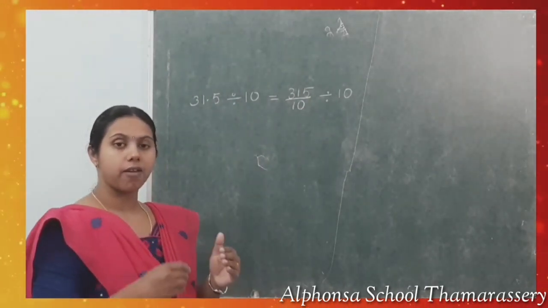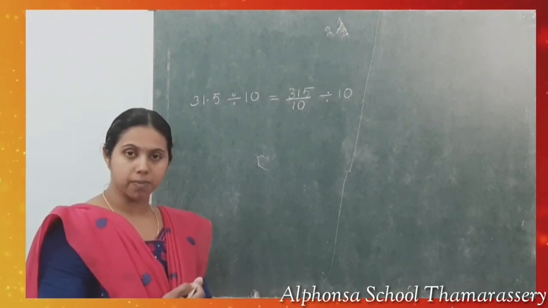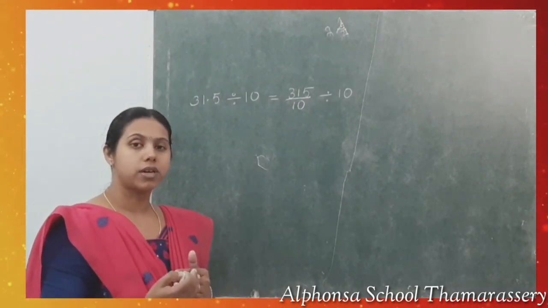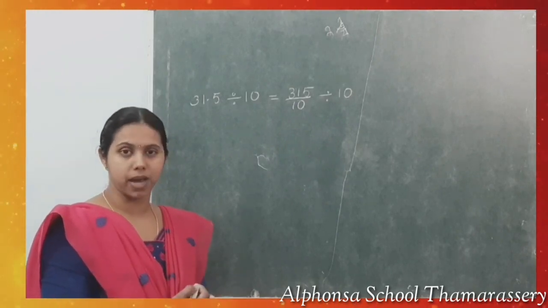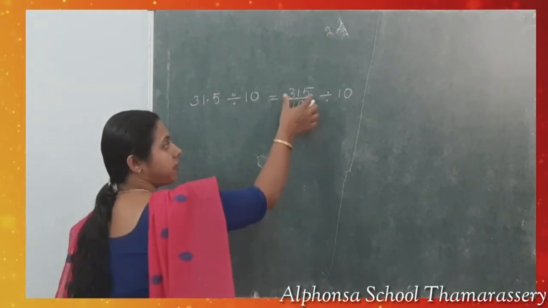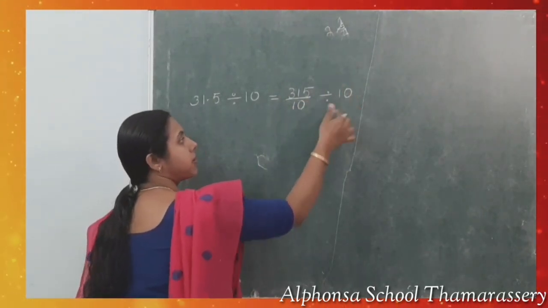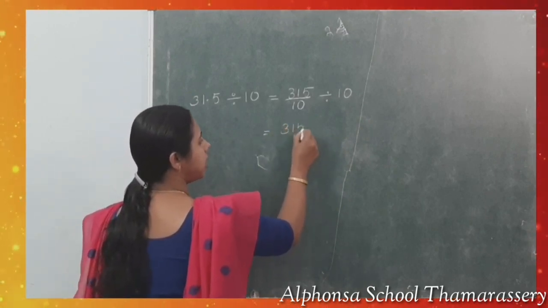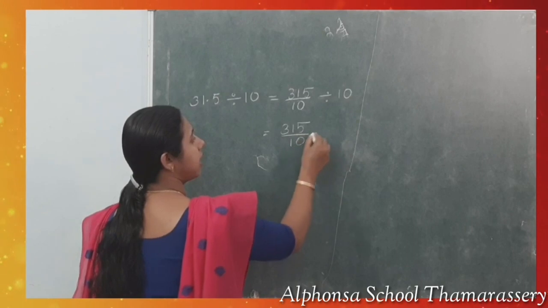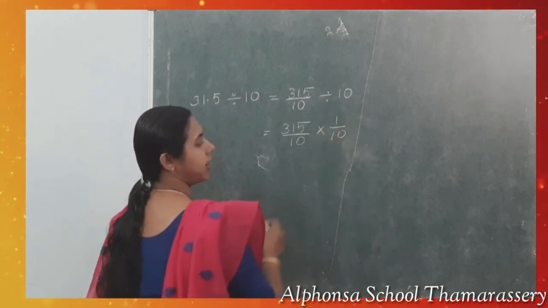We know if you divide a fraction by a whole number, we want to take the reciprocal of the second number and multiply. So this is a fraction and this is a whole number. So it will be 315 by 10 into the reciprocal of 10, which is 1 by 10.